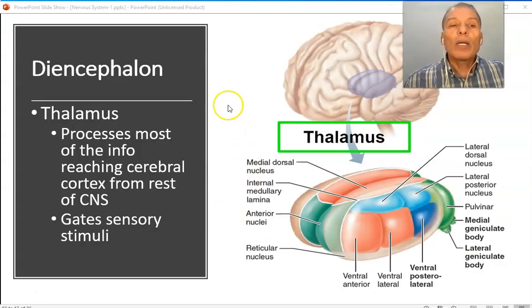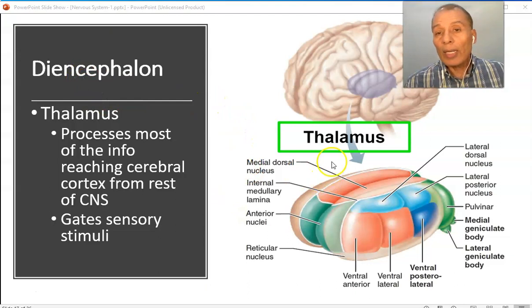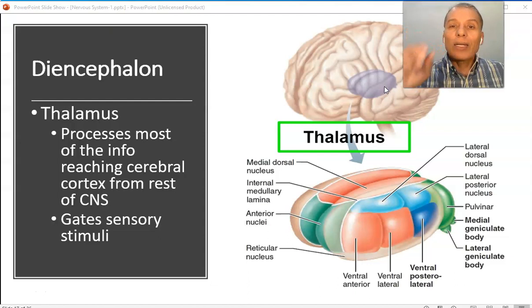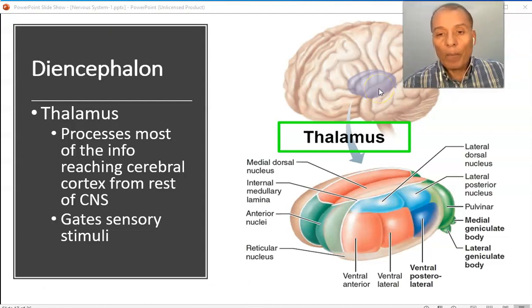The diencephalon, again, that is the two little structures sitting on top of the brain stem. And so you have the thalamus, two of them, each hemisphere has one. And they are the size of a bird's egg. If you look at the thalamus inside, it has compartments, specialized rooms inside of it that control particular functions.